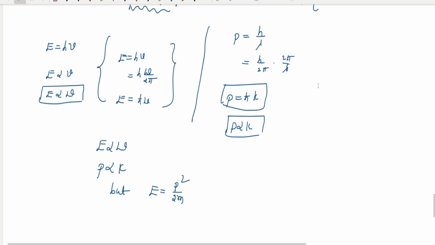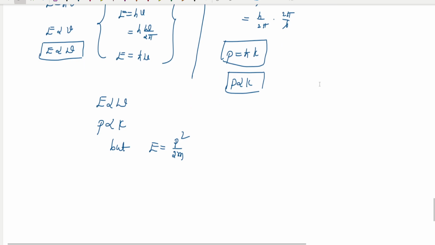What is E? h cross omega. And p? h cross square k square divided by 2m. If you neglect the constants, I can write omega is proportional to k square.